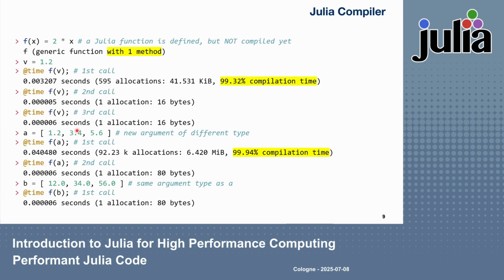But if you change the variable into this array A, you now have a new argument to this function. It's no longer a scalar. If you call this function again for the very first time, you will see that the so-called just-in-time compilation is triggered again.